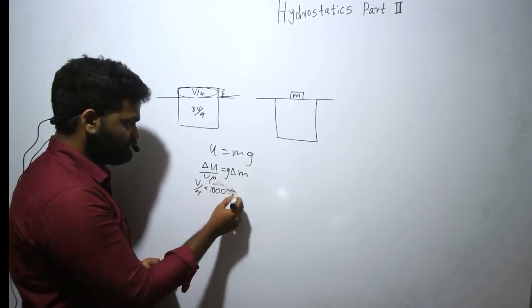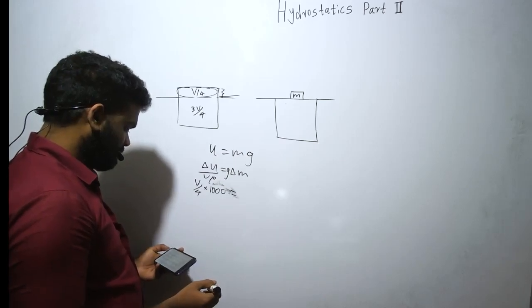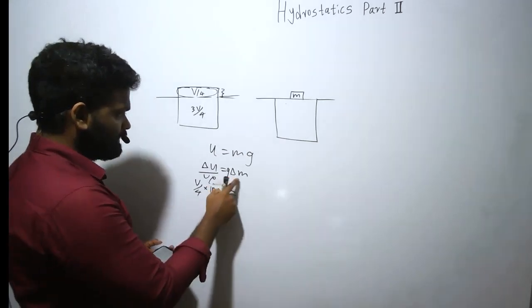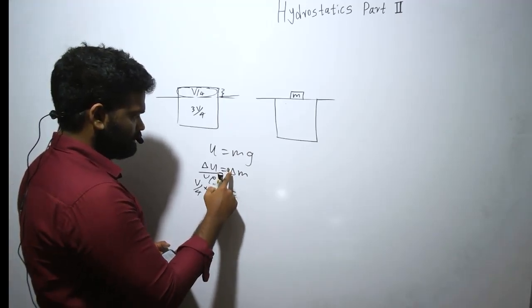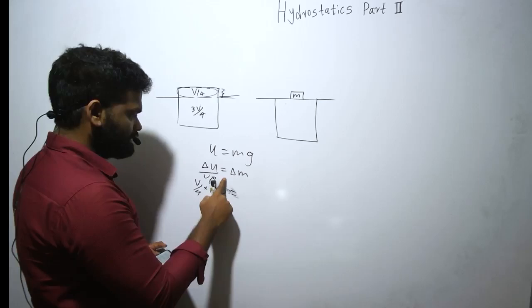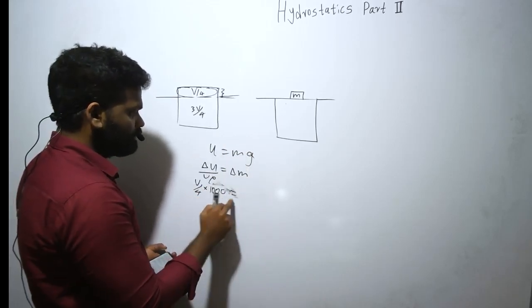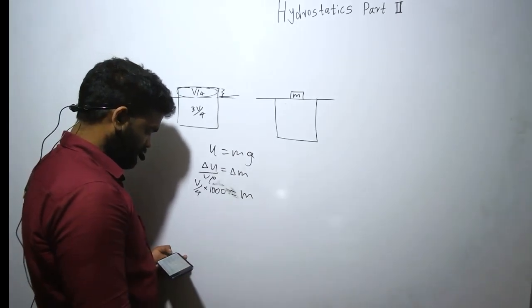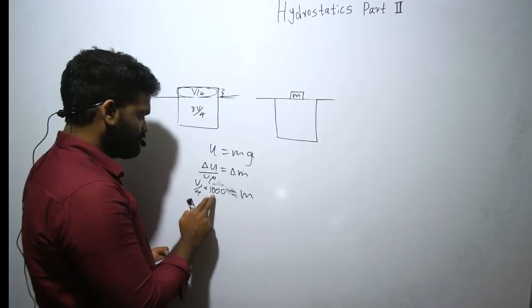V rho equals delta m. So delta m is what? I just got rid of g, right? From both sides you can get rid of g. So this is V/4 rho equals delta m, which is small m, right? So you can get small m is equal to this much.